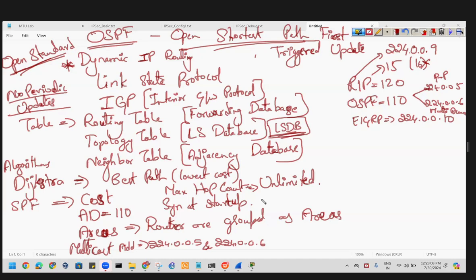The next update will be only when there is a topological change, called a triggered update. If any new network is added or any old network goes down, only then a change will trigger an update.